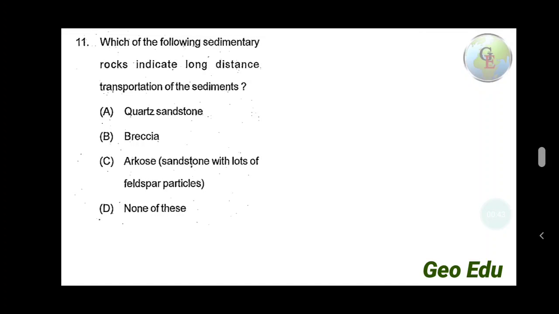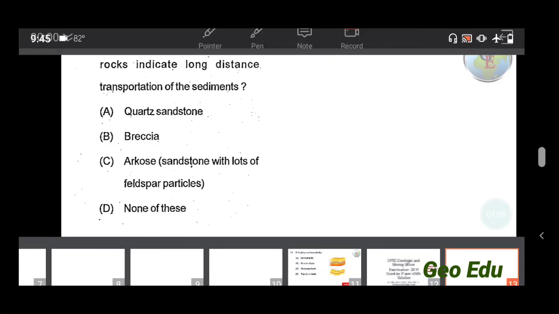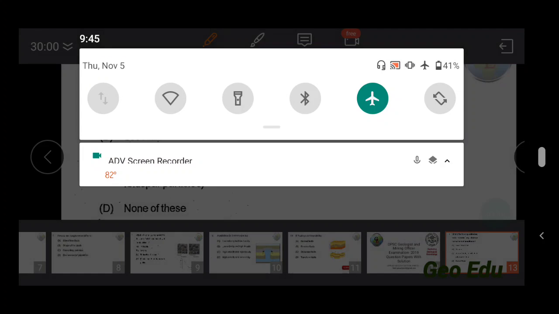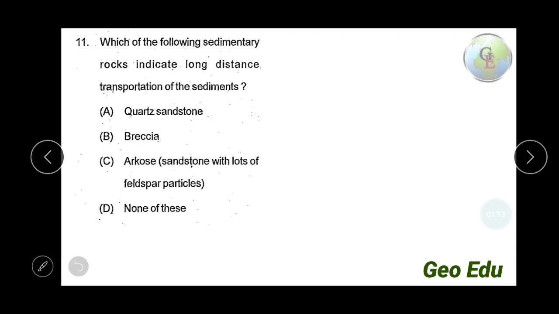As we know, for a rock having sediments of long distance transportation, the minerals should have high stability, and the grains become rounded as they pass through long distance. So quartz sandstone is the answer, because quartz is a very stable mineral.